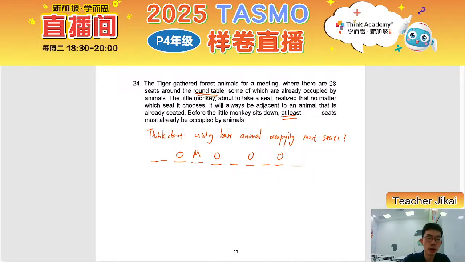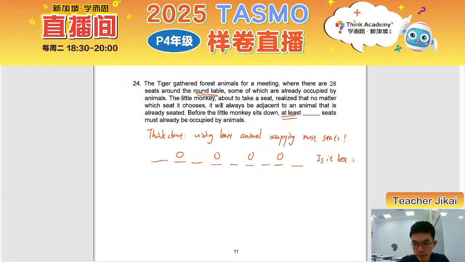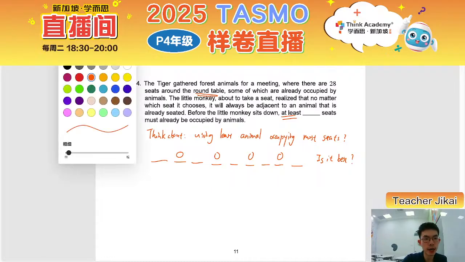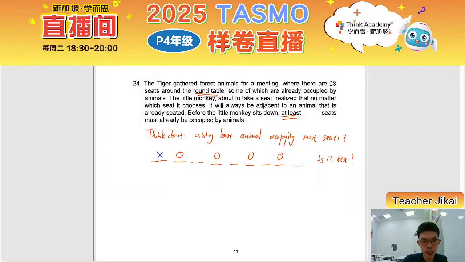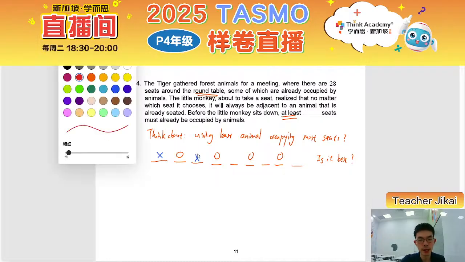So this is the question I want to tell you. But is this the final answer? Is it the best one? If you look at the sides, for example, I use a blue color here. These 2 seats are adjacent to the first animal here, right? How about the second animal?